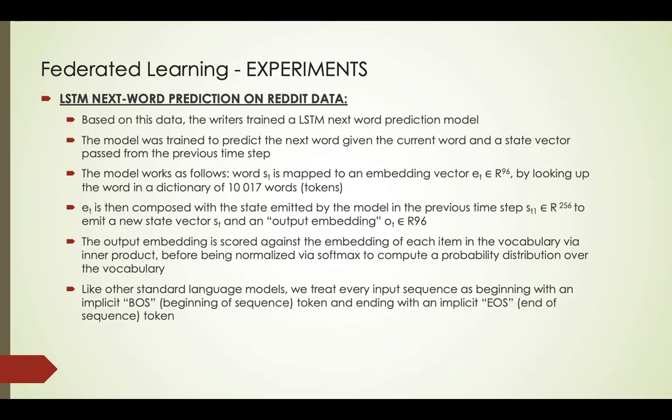The output embedding is scored against the embedding of each item in the vocabulary via inner product before being normalized with softmax to compute a probability distribution over the vocabulary.